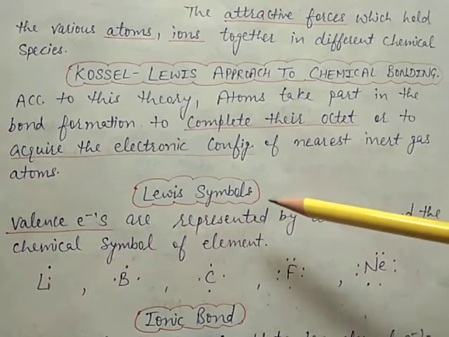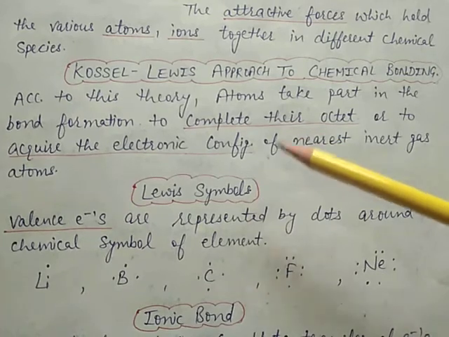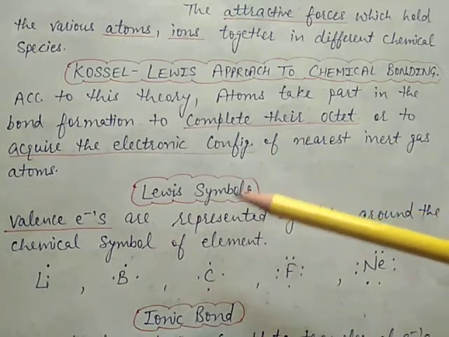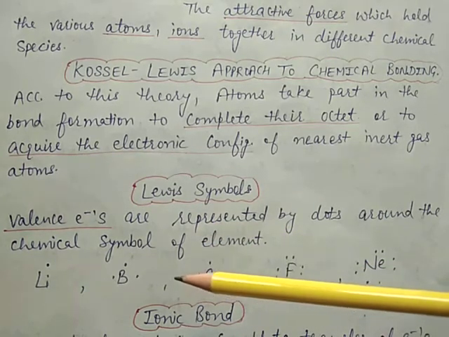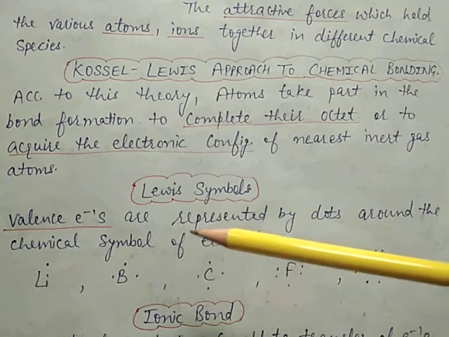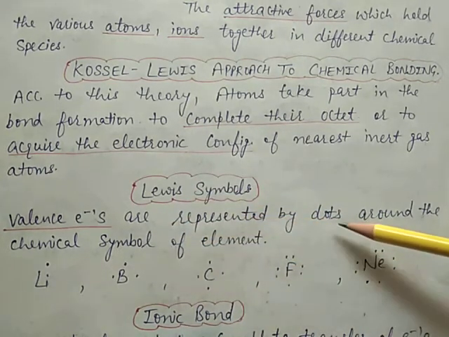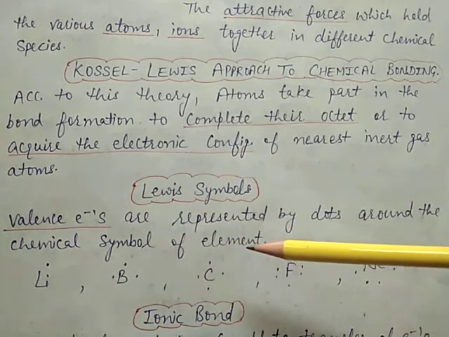Now, the next topic is Lewis symbols. A Lewis symbol is a simple notation to represent the valence electrons. The valence electrons are represented by dots around the chemical symbol of the element.